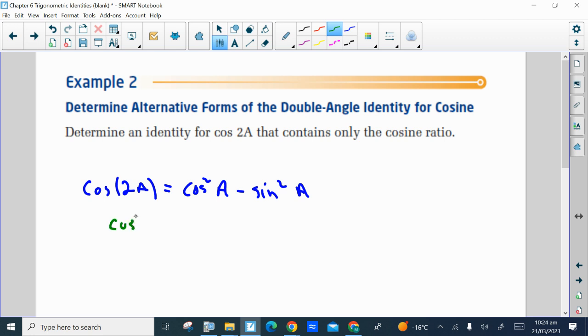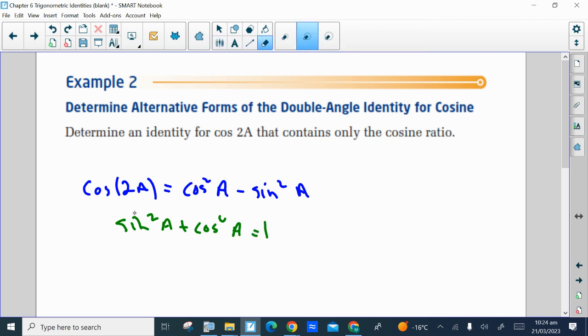And they come from the Pythagorean identity. The Pythagorean identity says that sine squared A plus cos squared A equals 1. That is the Pythagorean identity that we looked at yesterday. And I said this is one that you're going to use quite often. There are also variations of this that you're going to use quite often as well.